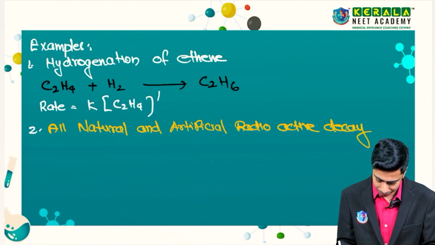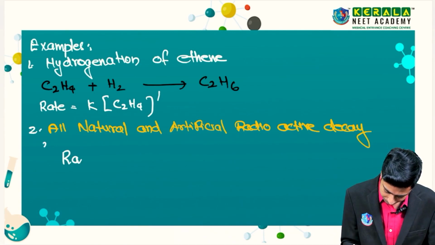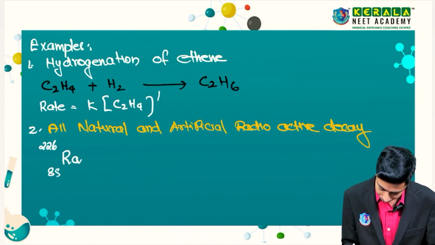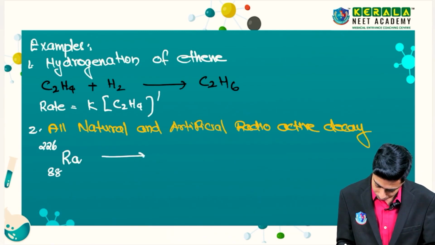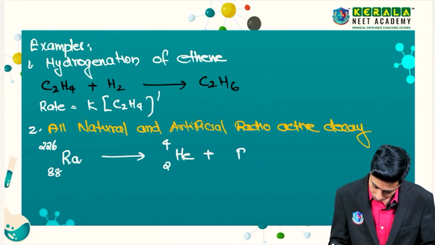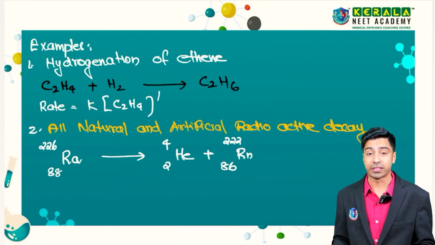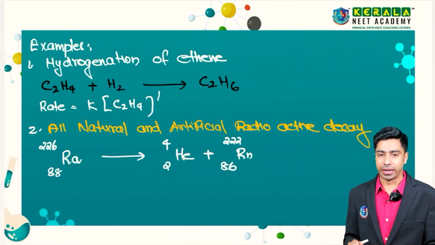So we'll take one example now. If you take the case of radium, radium 226 88, on radioactive reaction produces helium 4 2 along with radon 222 86. So this is an example for a first order reaction.